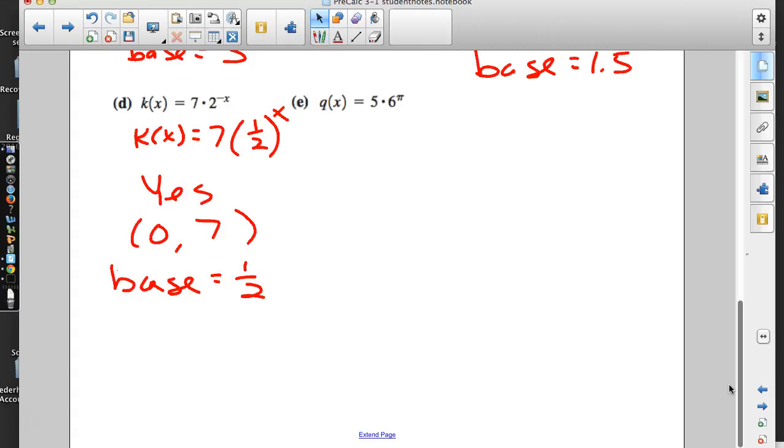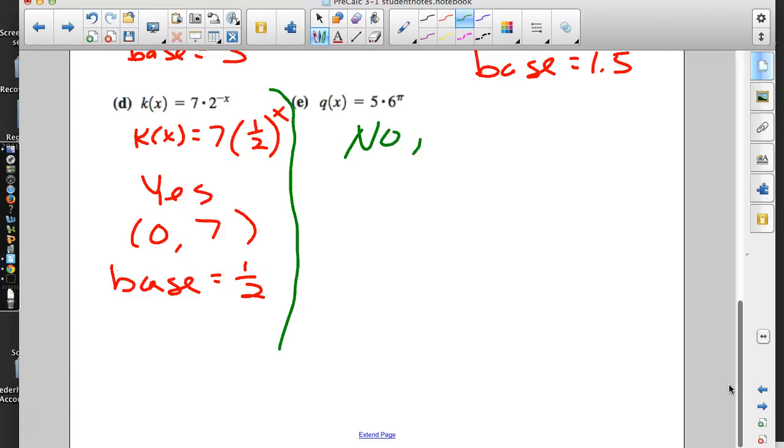E. No? Okay. For the purposes of what we're going to do, this is a no. And that's because to our 3 decimal places in pre-calculus, pi would be a constant in 3 decimal places.